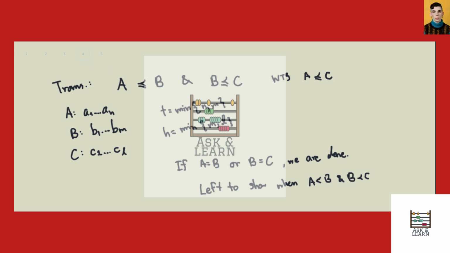Last one is transitivity. So suppose A, B, C are the words written like this, and let the minimum lengths be H and T. When we have these two properties, if any of the pair is equality, so either A equals B or B equals C, then we are done, because it will automatically become just comparing two things, and we will have A related to C very easily using the fact that each entry is from a poset.